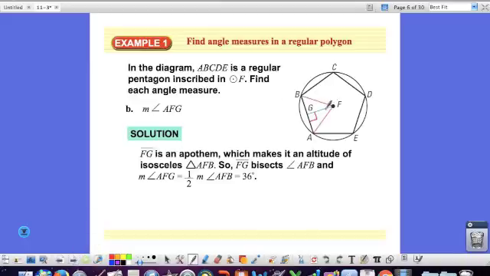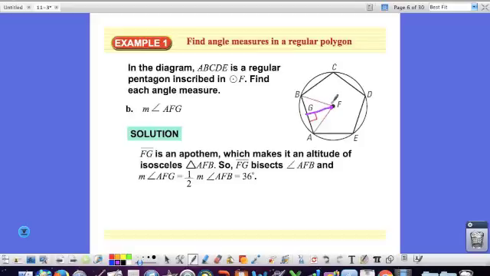Eventually, though, I'm going to have to find the height of this triangle, so I'm going to draw the apothem. That's going to work as an altitude. Since it's an isosceles triangle, it's also going to work as a perpendicular bisector. These are going to create two 90-degree angles. These pieces are each congruent, and each of these angles are congruent.